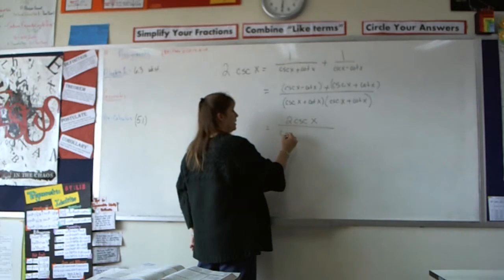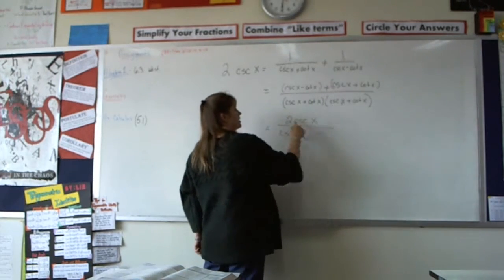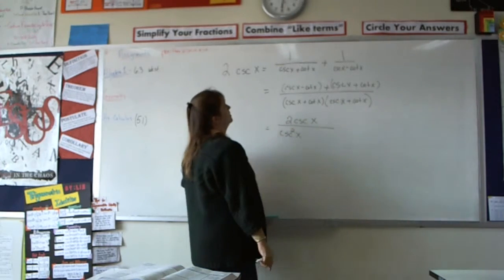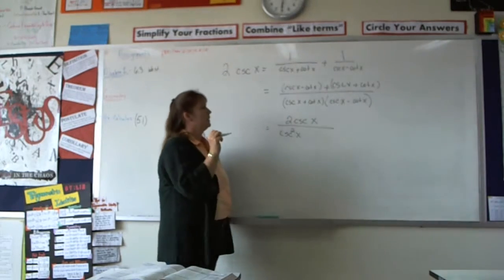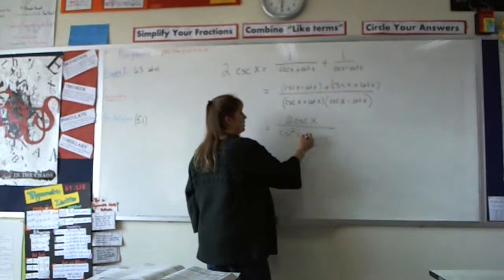FOIL. Cosecant x squared, right? This times this is that square. This times this. Oh, I missed a minus sign somewhere, didn't I? Thank you. Feel better, right? Okay. So the middle two terms will cancel, good. And then we'll get minus cotangent.